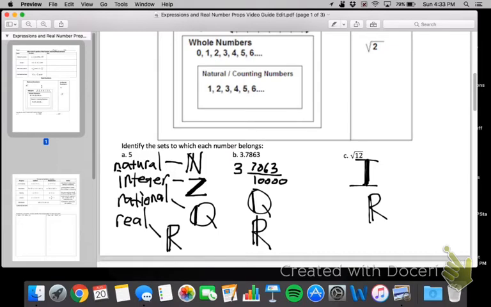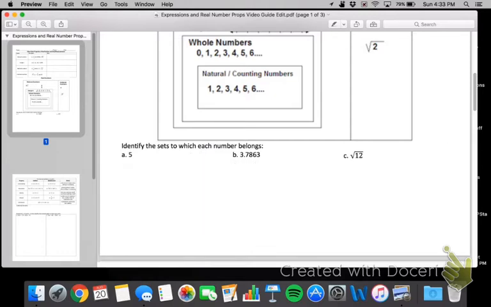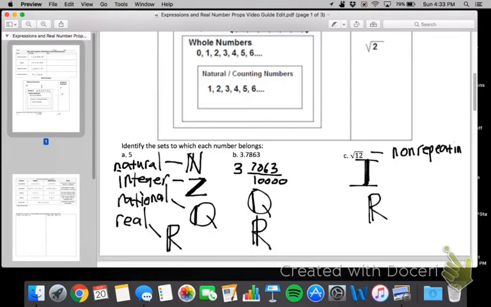Another thing about these numbers is they have non-repeating, non-terminating decimal expansions. So when you type square root of 12 in your calculator, you'll get a really long decimal answer, and it won't follow any specific pattern. So that's what an irrational number is also.